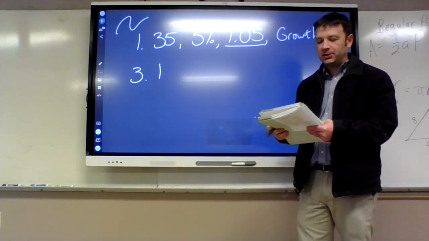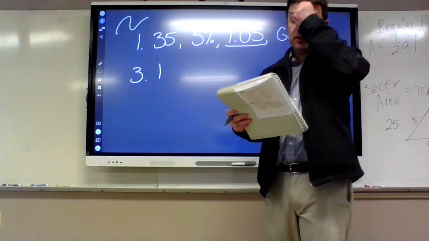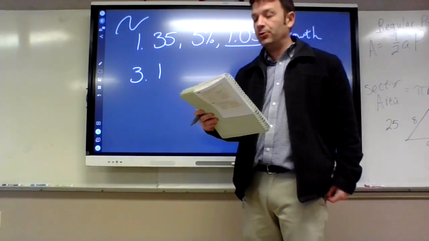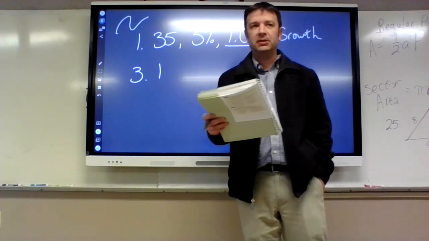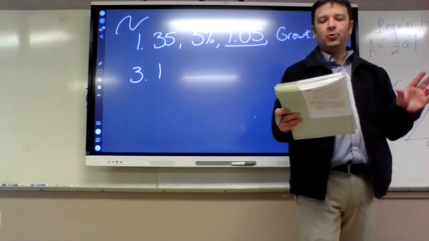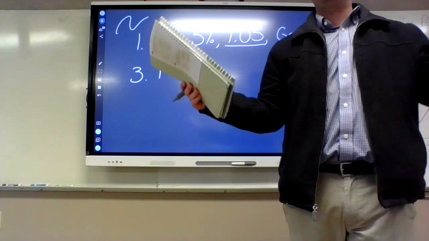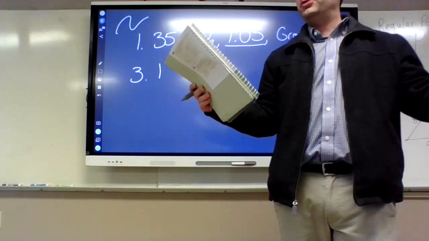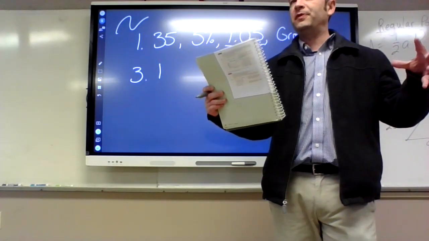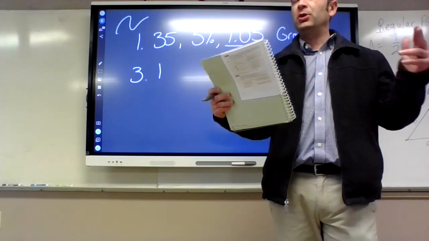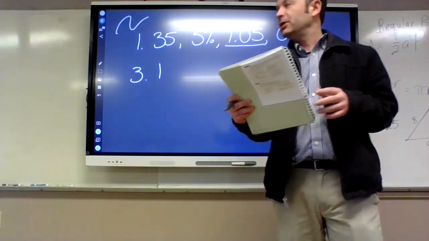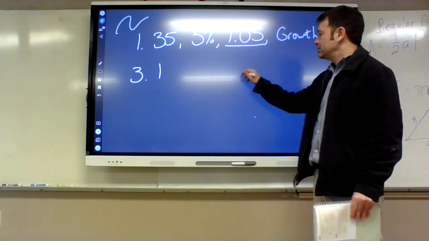Okay, the second question, also kind of tricky. What's the growth rate as a percent? So unlike number 1, where they put 1 plus 0.05, on number 3 they already simplified the parentheses. So what do you have to do to 1 to turn it into 7/10?